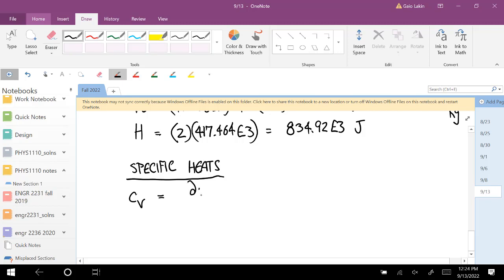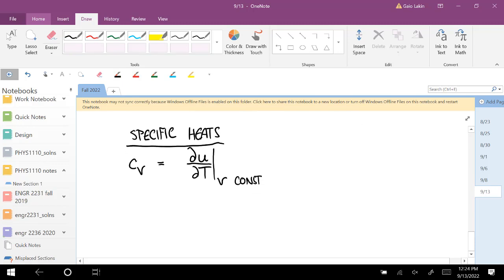That is the partial of the intensive internal energy with respect to temperature, calculated at a constant volume. And then C sub P, the constant pressure specific heat, is the partial of the intensive enthalpy with respect to temperature, calculated at constant pressure.